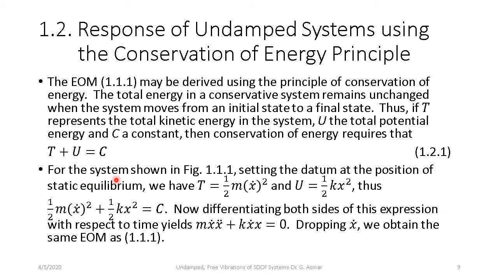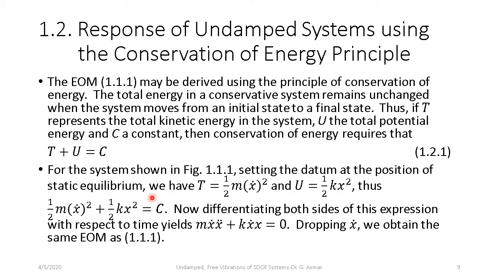For the system shown in figure 1.1.1, setting the datum at the position of static equilibrium, we have T equals 1/2 m x dot squared, that's your familiar 1/2 mv squared, and U equals 1/2 k x squared. The total potential energy in the system is due to the energy stored in the spring.